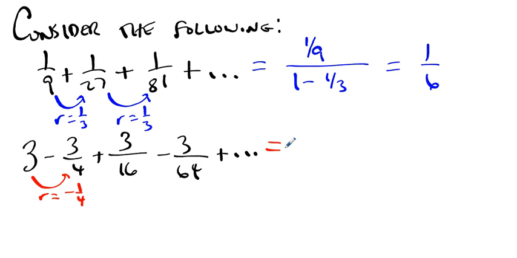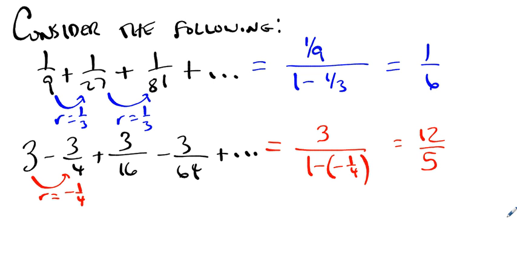So this is a geometric series whose sum is first term over 1 minus r. And that happens to be 12/5. None of the partial sums are 12/5. But if I plot 3, 2 1/4, then this sum, and so on, those sums all get closer to 12/5.